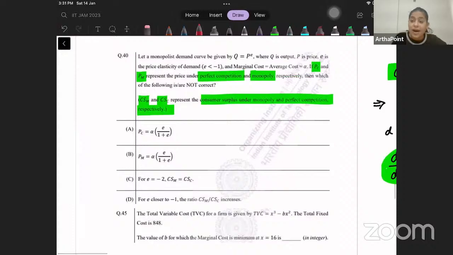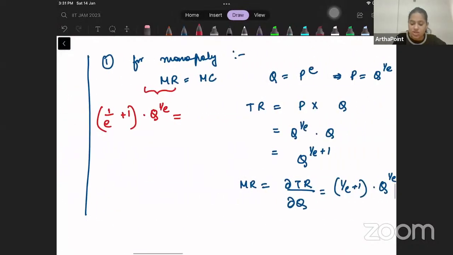Marginal cost is given to me as alpha. So I will put marginal cost as alpha. Currently, I am solving this for a monopolist, which means everywhere I will put M here. This is a monopolist.